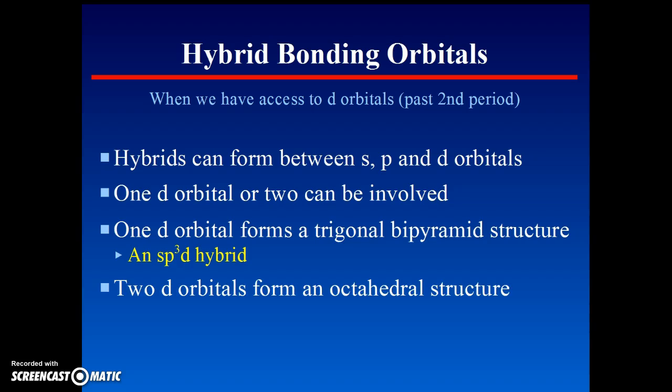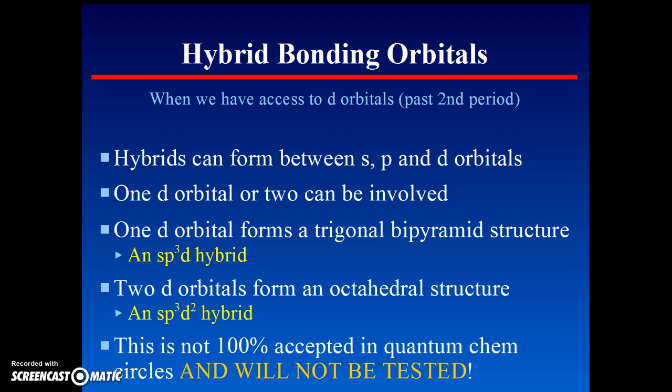And if we involve 2 d orbitals, we'll form an octahedral structure. And the physical chemists call this an sp3d2 hybrid. However, this is not 100% accepted in quantum chemistry circles, and the good news is it will not be tested either by me or by the AP.